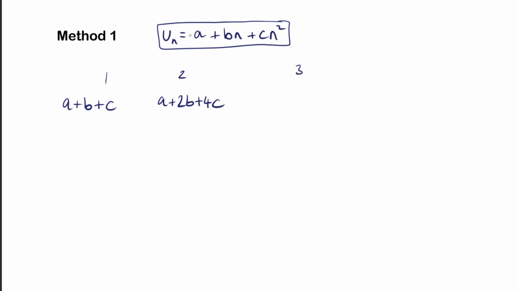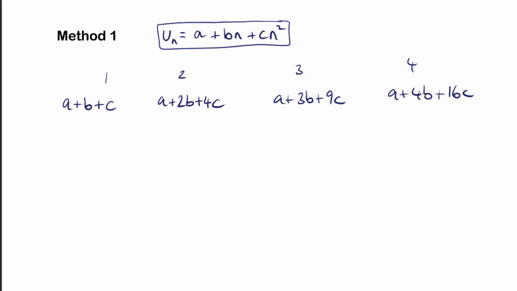And if we put 3 in, we get a plus 3b plus 9c, because 3 squared is 9. And we'll do one more, with 16c at the end this time, because 4 squared is 16.